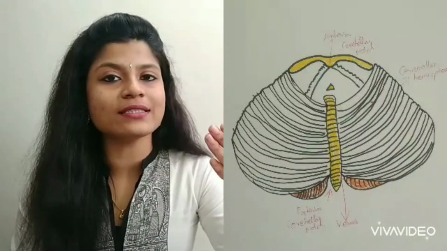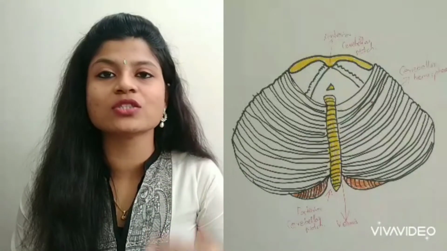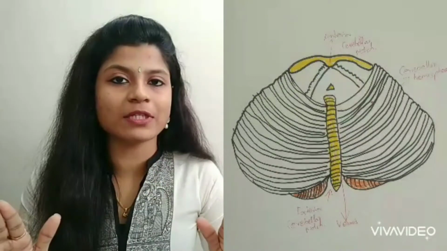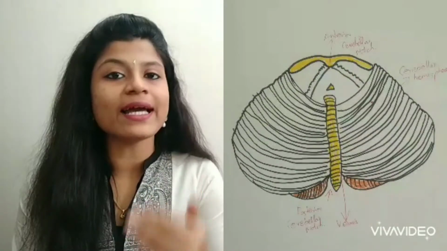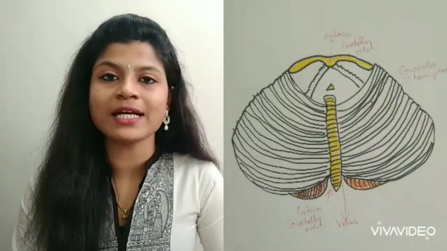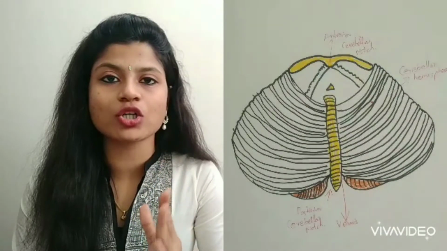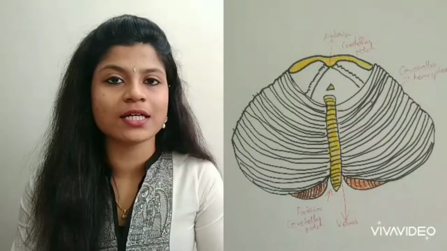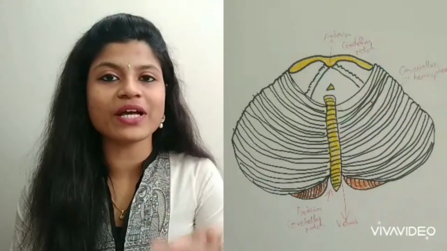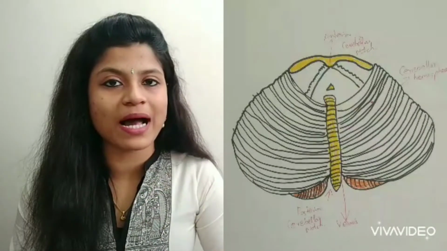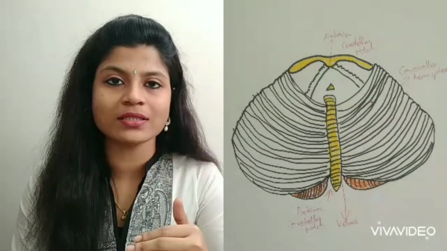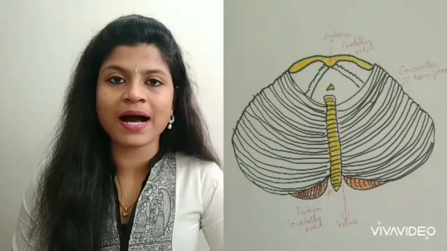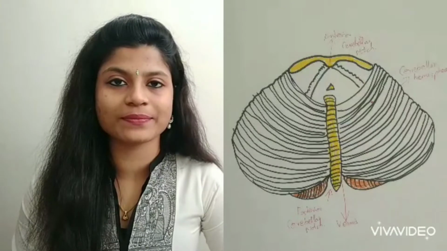The superior surface of the cerebellum is convex and continuous with the two hemispheres, and the inferior surface presents a median notch called the vallecula, which separates the two hemispheres. The floor of the vallecula is formed by the inferior vermis, and it is limited on each side by the sulcus vallecula.